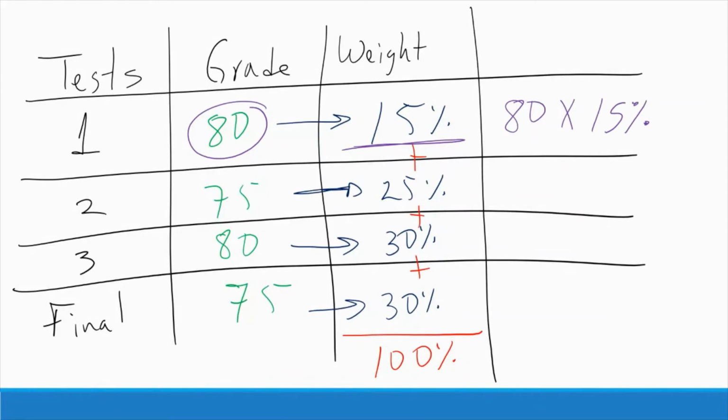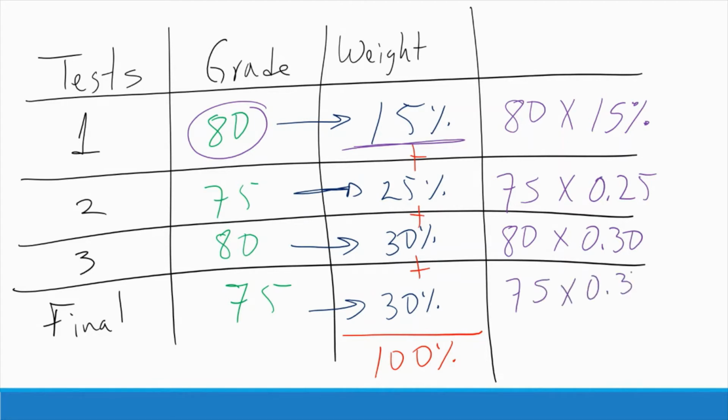but don't forget to put the percentage. Okay, for the next number, it is 75 times 0.25, or again 25%, but don't forget to put the percentage. The next one is 80 times 0.3, and the last one is 75 times 0.3.